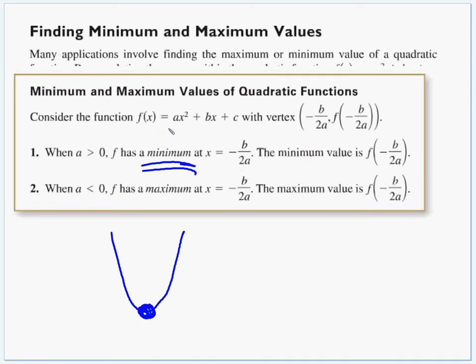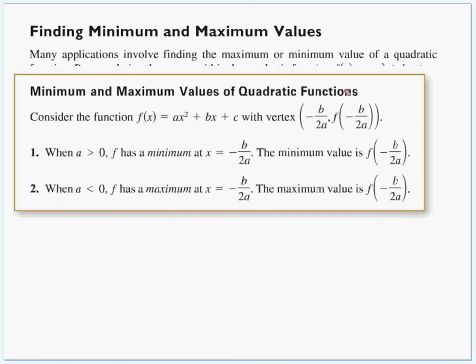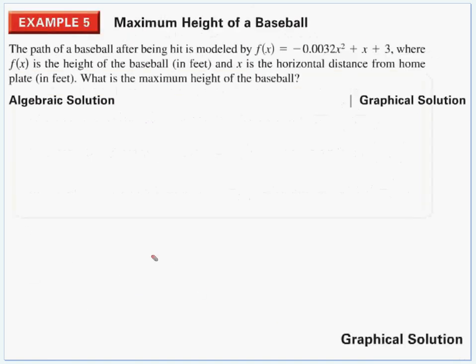On the other hand, if the leading term is a negative number, remember, if it's negative, the parabola opens down. If it opens down, it's a hill, and on the top of the hill is a max. The max occurs at that x value, and the max value is the output at that value. Let's check out this one.